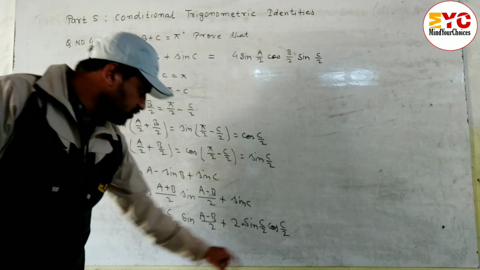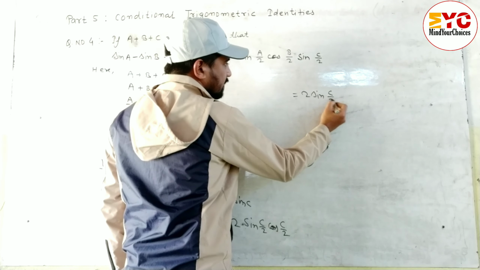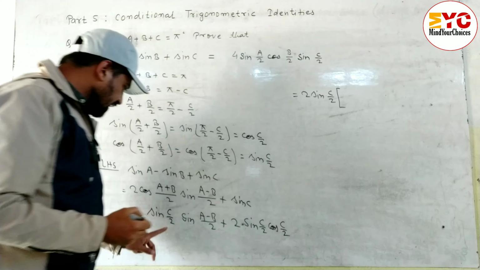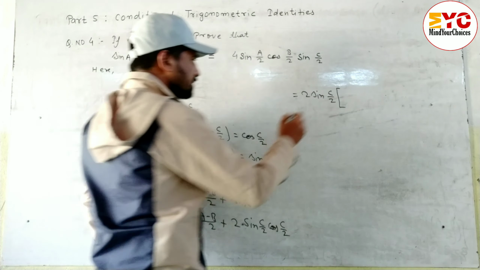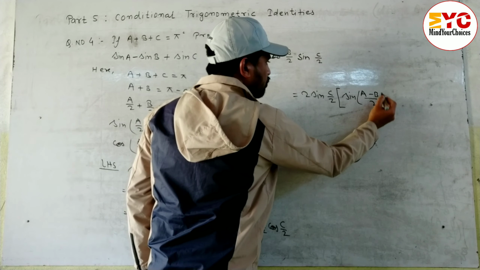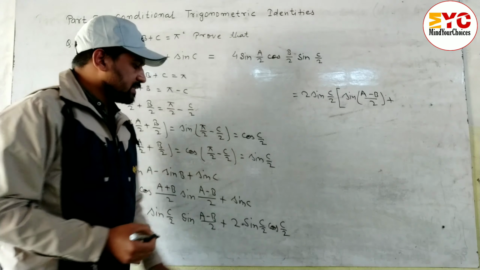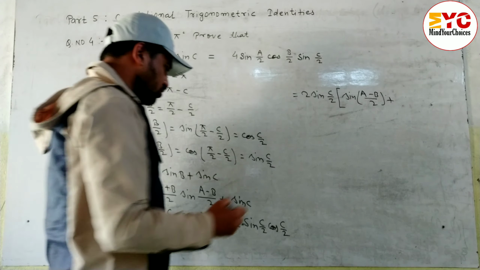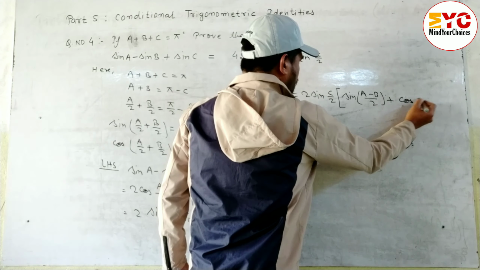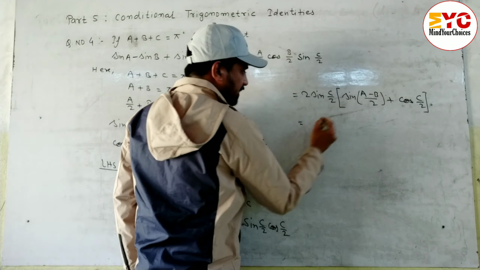What is remaining here? Sine of A minus B by 2 plus cos C by 2.